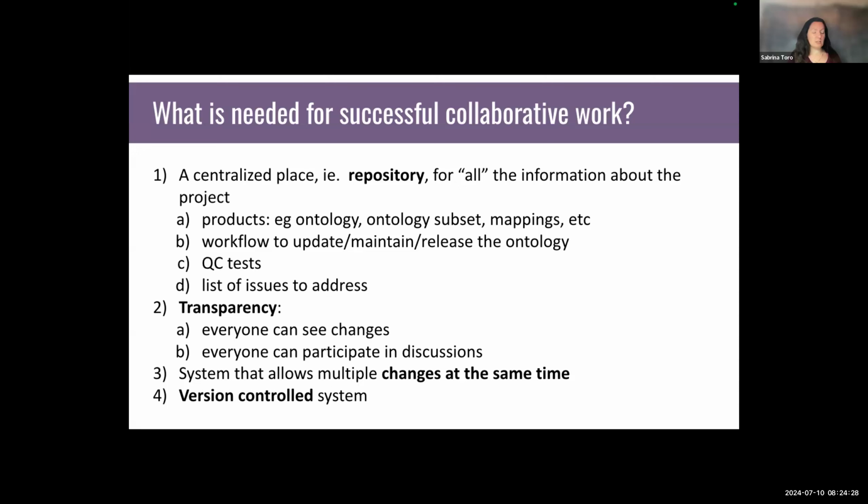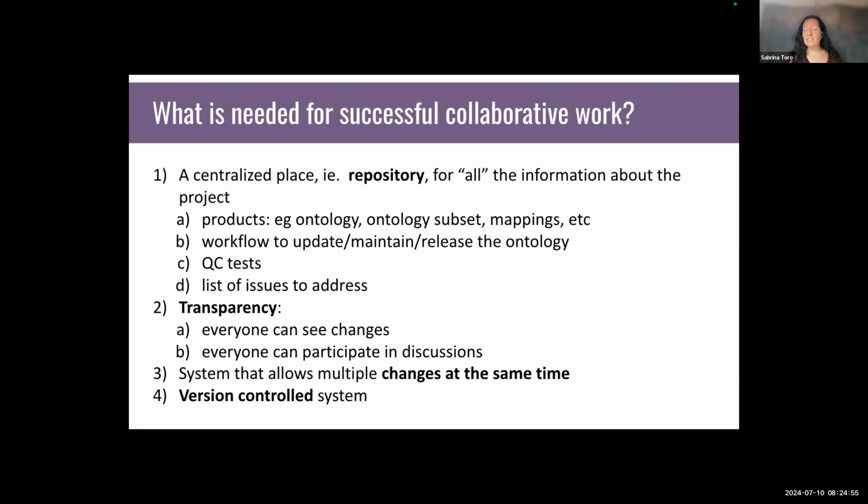This repository would contain all the products of the ontology, so ontologies, subsets, mappings, all those sorts of products. We also need a workflow that allows you to update, maintain or release the ontology.